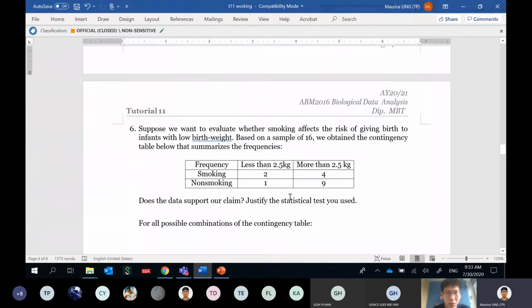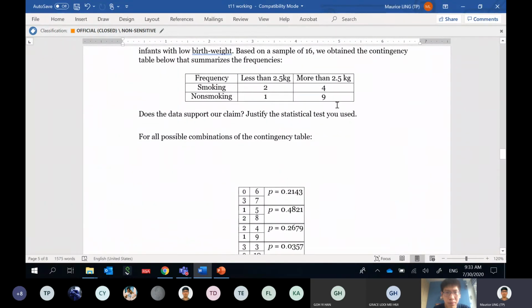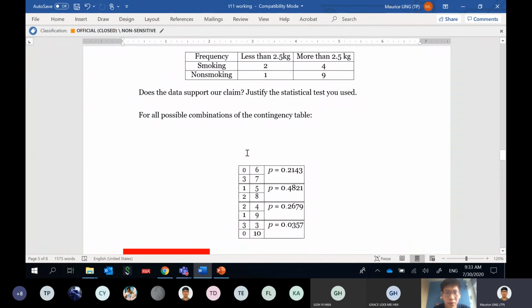So in this case, these are the probabilities.